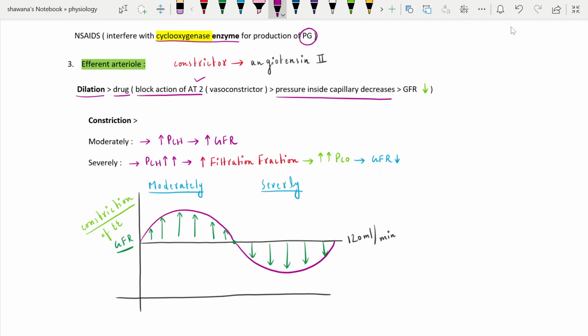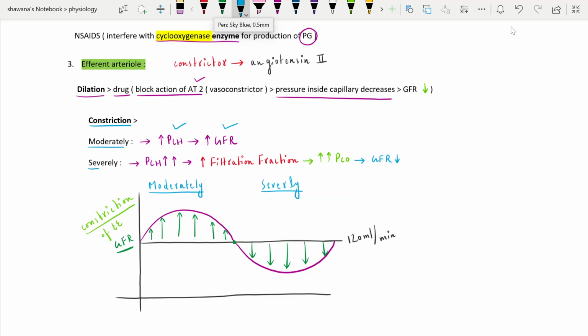But in case of constriction, you would expect that constriction will lead to an increase in the GFR, but the scenario is different. When we constrict the efferent arteriole moderately, meaning severe constriction is not happening, the moderate constriction will increase the pressure, and it will eventually increase the GFR.